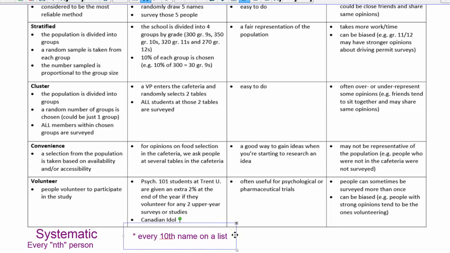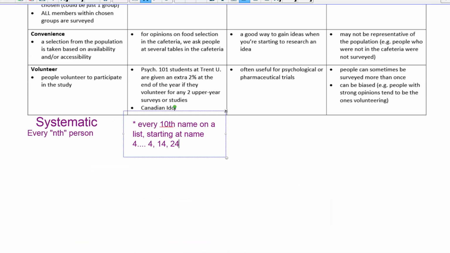Okay, and so maybe we start at name 4. Okay, so then it would go 4, 14, 24, and you would survey that group. Okay, let's see, we're going off the page here. Okay, so it's every 10th person, every 15th person. You would just kind of look at the number or the list of people that is in your population and decide how many people you want to survey.